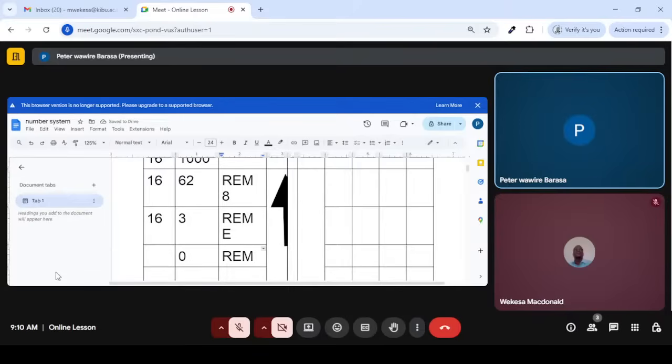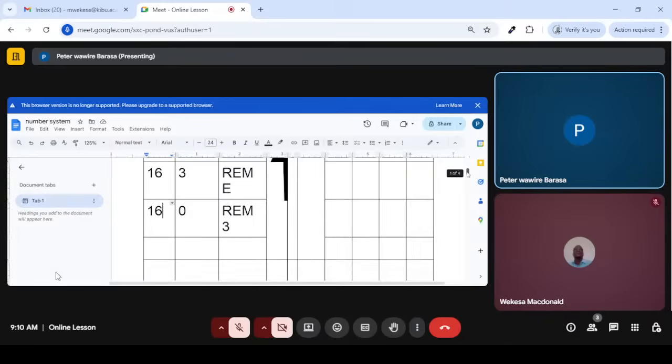Rem 3. And 16 into 0 will be 0. Rem 0. So the answer now, you write it upwards.